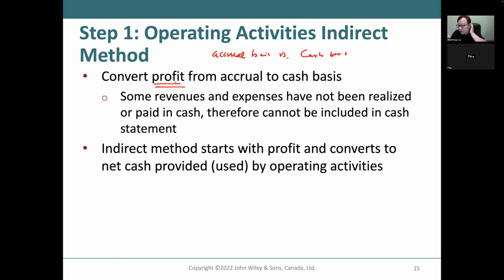So profit on the statement prepared using accrual basis is not equal to cash. The net income is not equal to the cash, so we have to make some adjustment to get the cash.